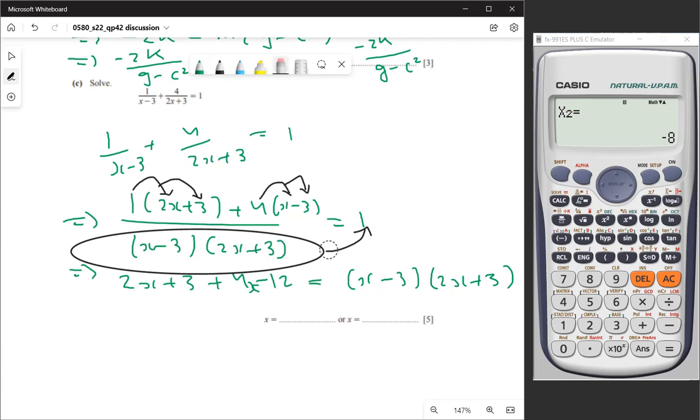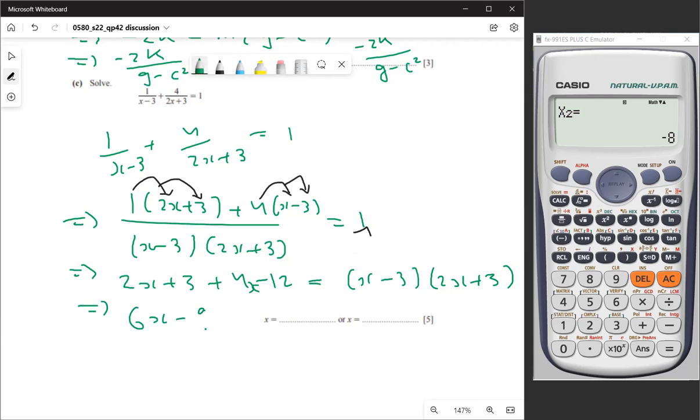6x minus 9 is equal to 2x squared plus 6x, minus 6x, minus 9, minus 9, plus 3x.